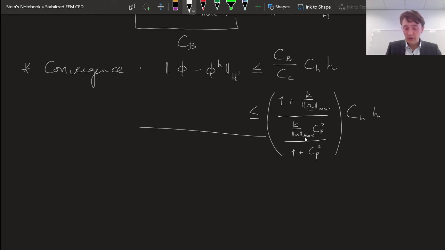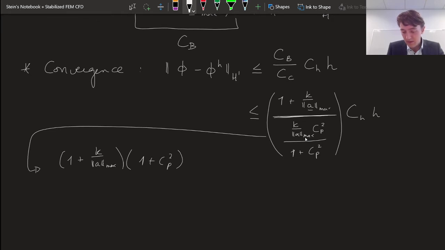So what is that expression going to look like? Let's have a look into what that says. I'm going to multiply above and below the fraction here by 1 plus CP squared. Okay, let's just work this out all the way.